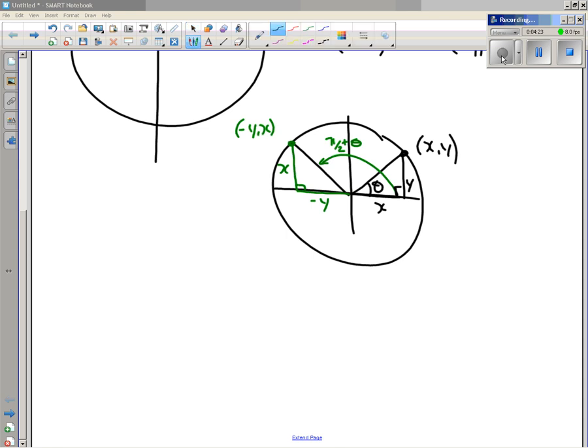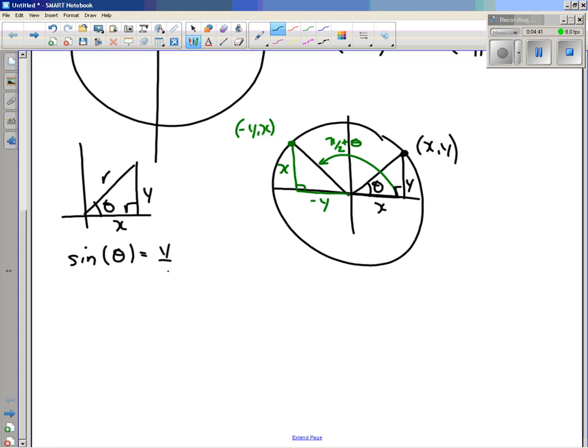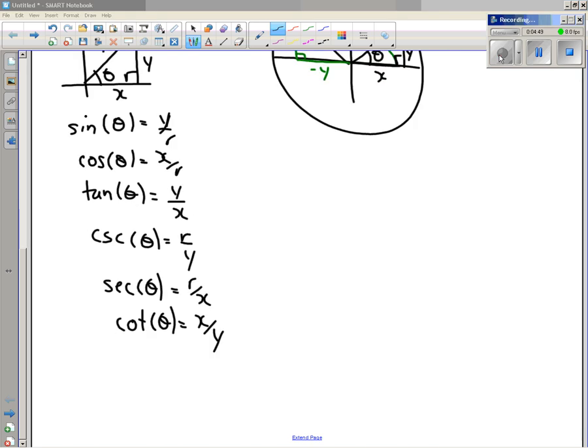From the first triangle, this would be the same one we had yesterday. For any angle, we have x, y, and our radius r. We can get our trig ratios from there. So we know that sine theta is going to be y over r, cos is x over r, and so on. Okay, so we can fill out the rest of our relations from just looking at that first triangle.